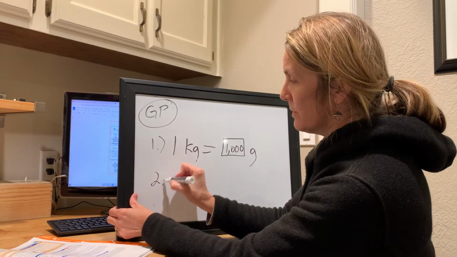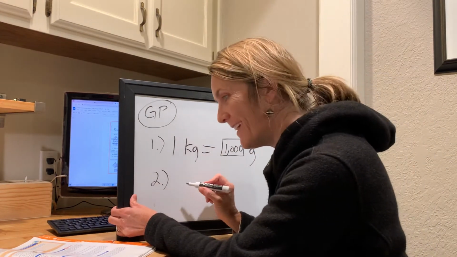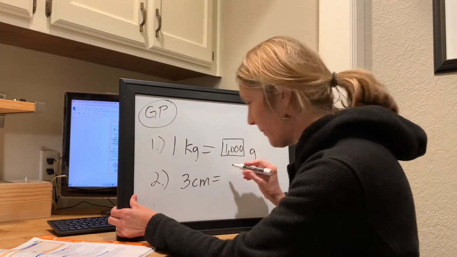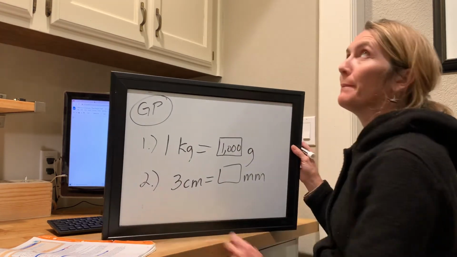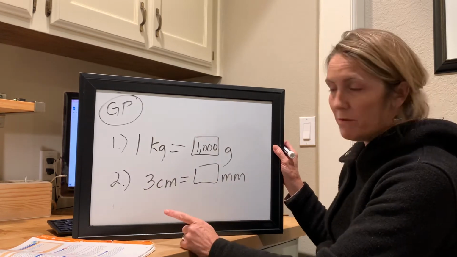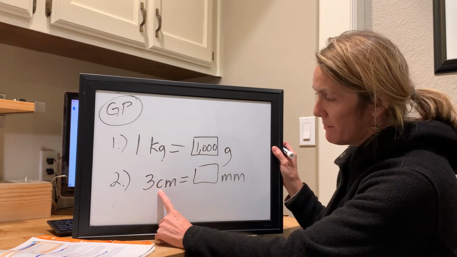So number 2, my pen is dying, so that means this chapter is almost to the end. Number 2 says 3 cm equals how many millimeters. Know which one is the larger of the two units. So milli means 1,000, centi means 100.